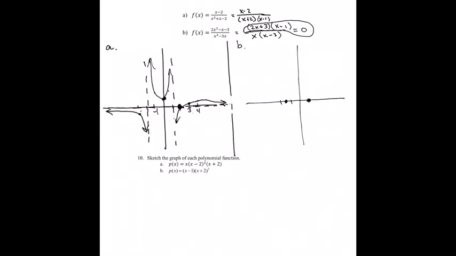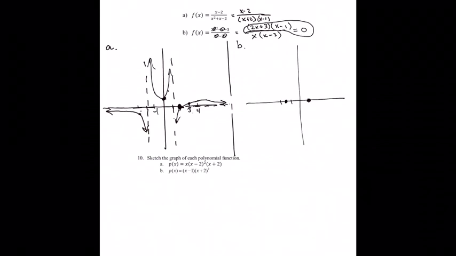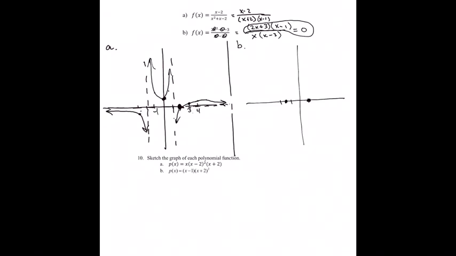The y-intercept, to find the y-intercept, we let x equal 0. So if all of these x's were 0, we end up with 0 minus 0 in the denominator. We can't divide by 0. Can't have 0 in the denominator, so it tells us that there aren't any y-intercepts. So we move on to asymptotes.